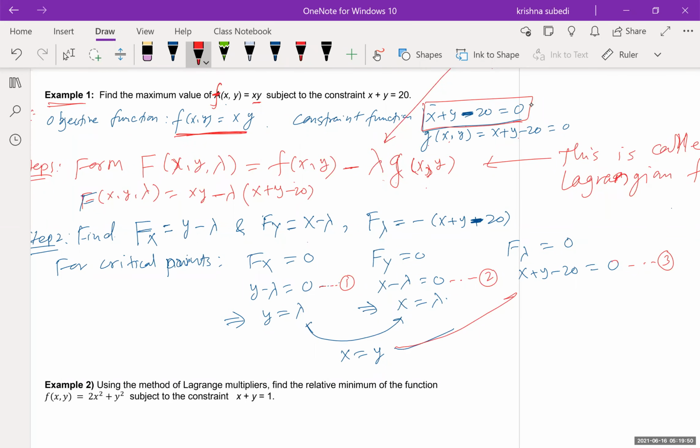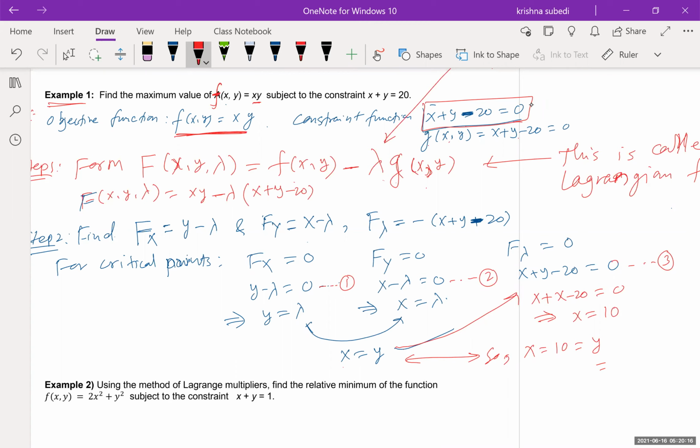I'm going to substitute this value there. So I'll get x plus x minus 20 equal to 0. Simplifying, you're going to get x equals 10. And because x and y are equal, x equals 10 equals y.